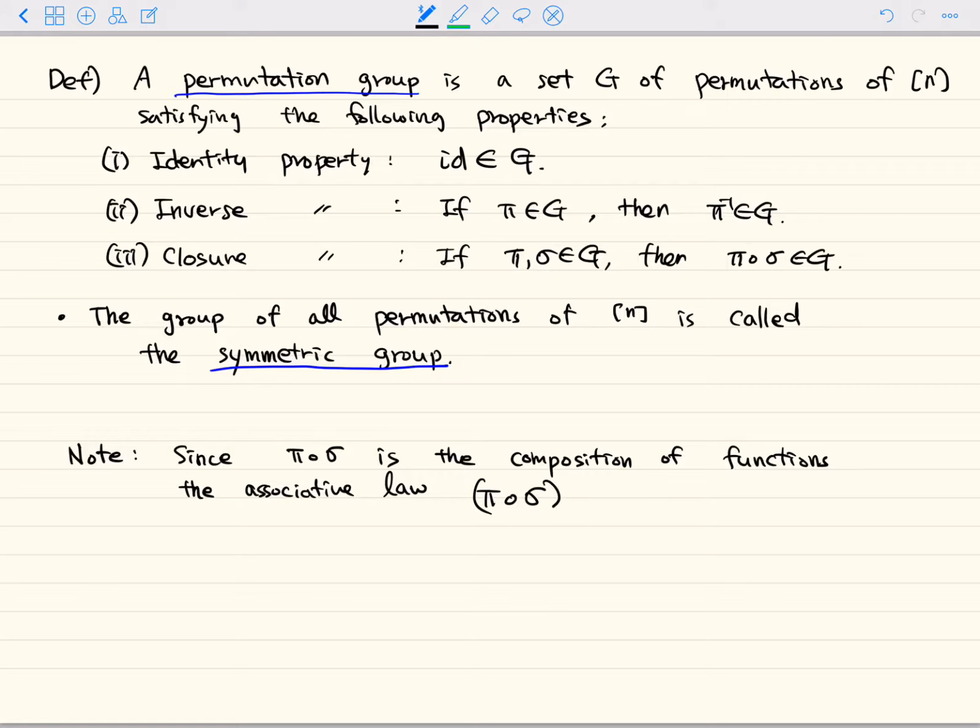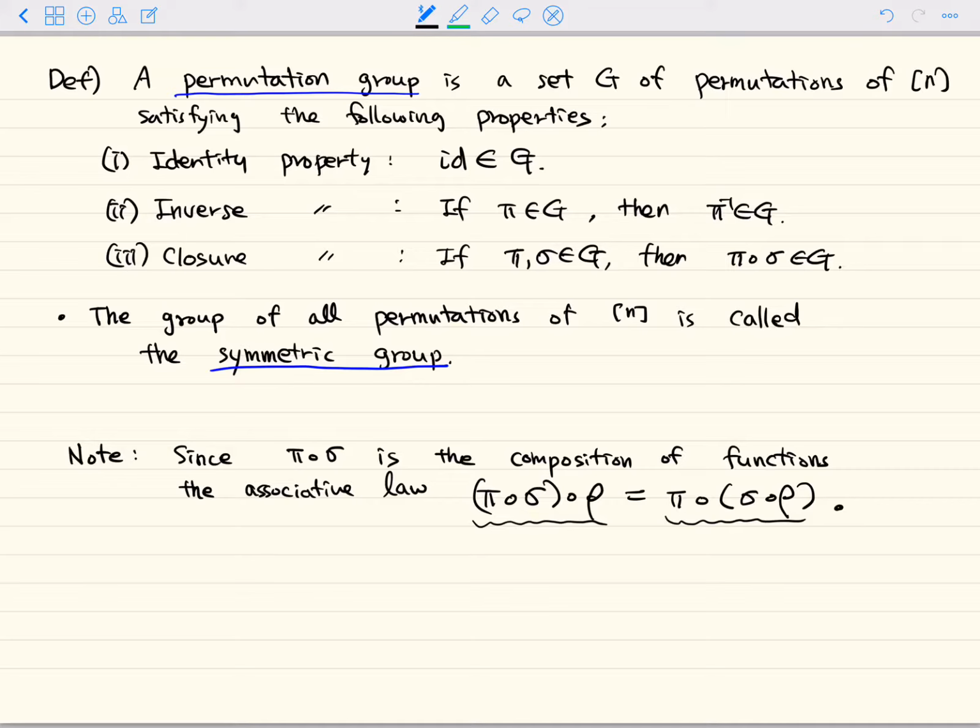The associative law means if you have three permutations, pi, sigma, and rho, and you take the compositions like this, there are two different ways to compose three permutations, but they become the same thing. This is called the associative law.